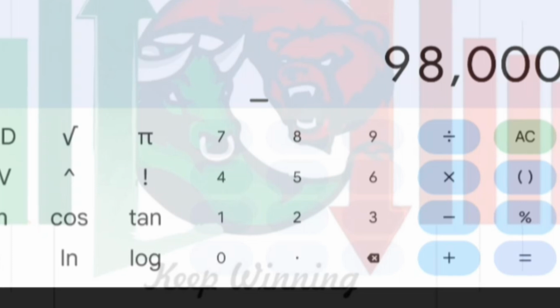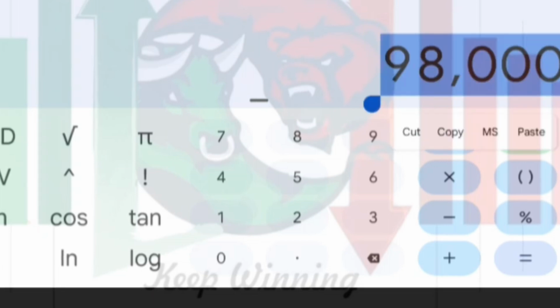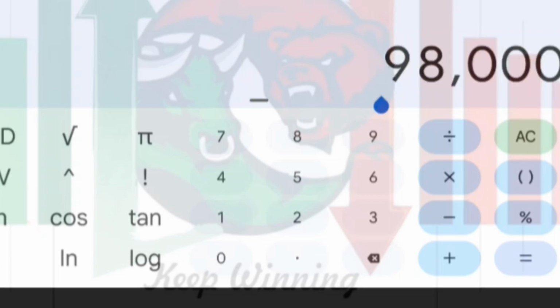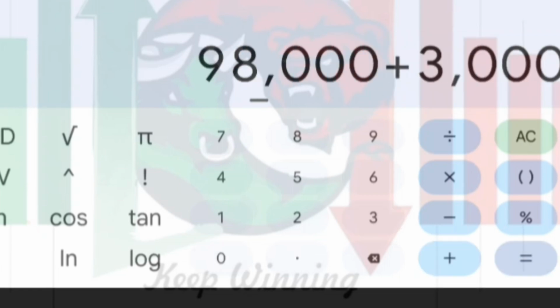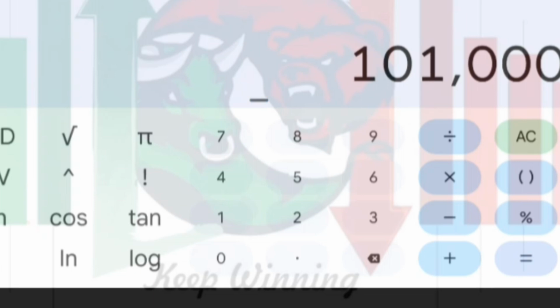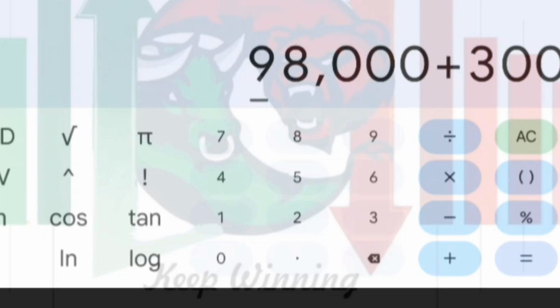So now you are up at 98,000 US dollars, which is 3,000 above 95,000 US dollars. So let's see if what I'm saying is true. So you need 3,000 US dollars. Sorry guys, it's supposed to be minus 3,000.